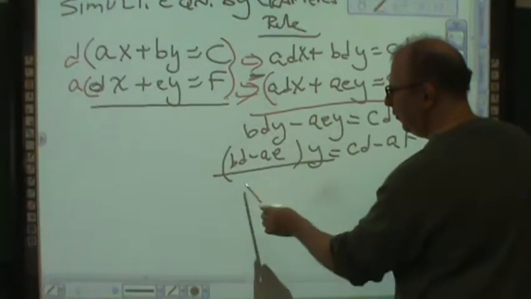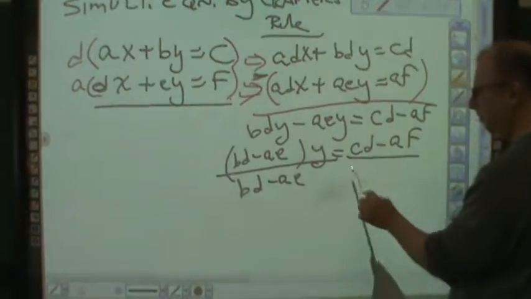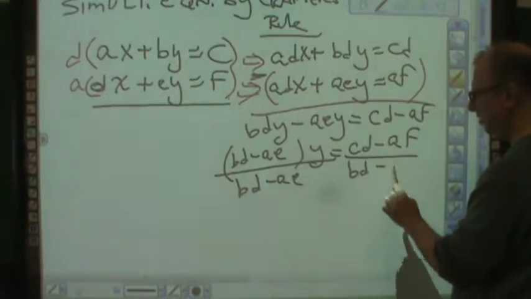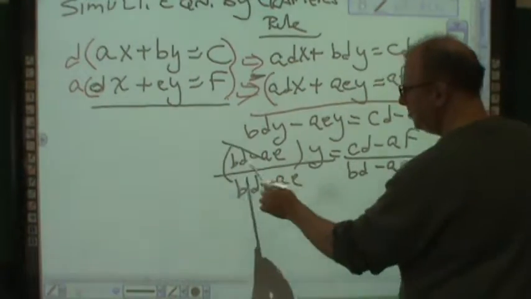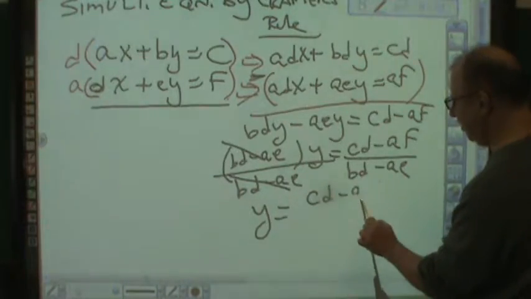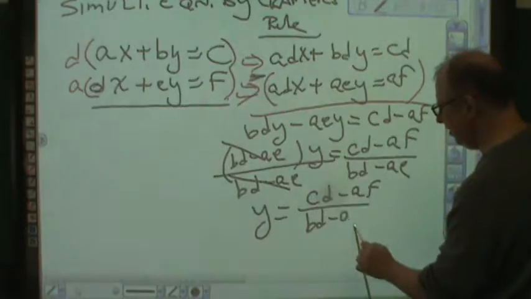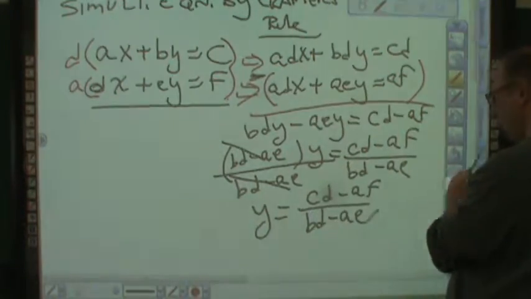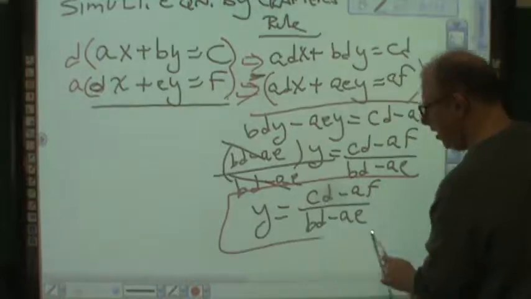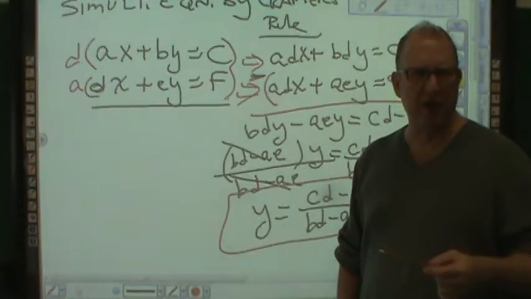And if I divide both sides by bd minus ae, I can say y is equal to (cd minus af) over (bd minus ae). And solving for x would be the exact same way.